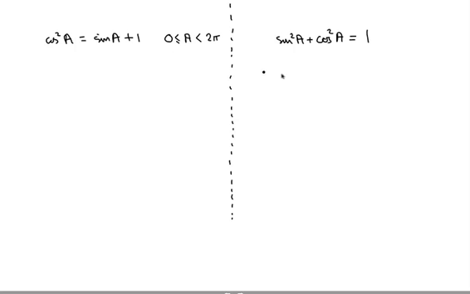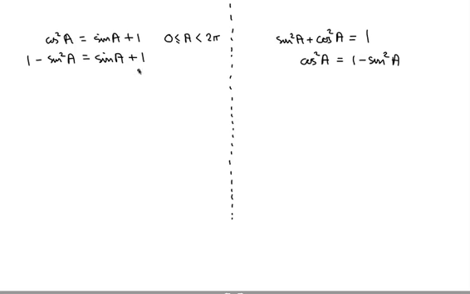This is just cos squared a on its own, so if we subtracted sine squared a from both sides of this equation, we'd get 1 minus sine squared a. So it would be possible to replace this cos squared a by 1 minus sine squared a. These two expressions are equivalent. Sine a plus 1, we haven't touched that.